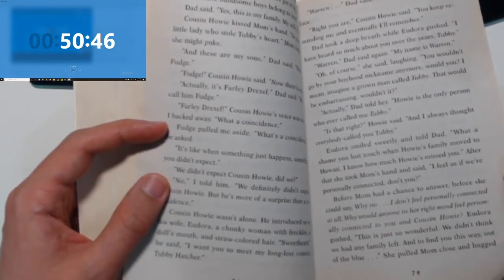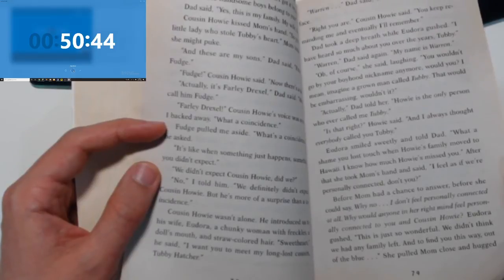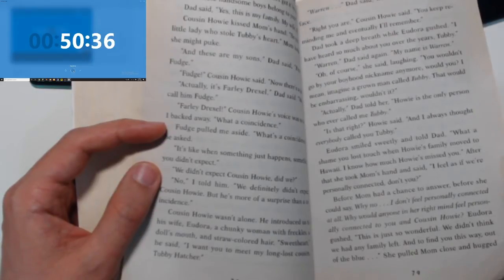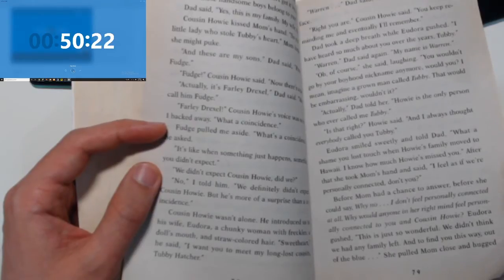After that, she took Mom's hand and said, I feel as if we're personally connected, don't you? Before Mom had a chance to answer, before she could say, why no, I don't feel personally connected at all. Why would anyone in her right mind feel personally connected to you and Cousin Howie?